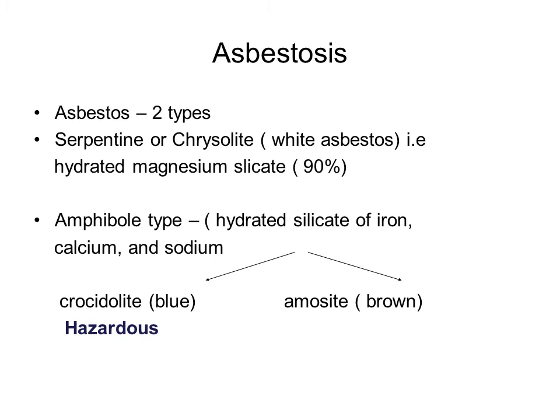Among the amphibole type, the most hazardous is crocidolite. Crocidolite is blue in color and it is the most hazardous. Another one, less hazardous, is amosite, which is brown in color. So if an MCQ or a viva question comes, which is the most hazardous asbestos, that is crocidolite or the blue asbestos. Okay, and it is the hydrated salt of iron, calcium, and sodium.